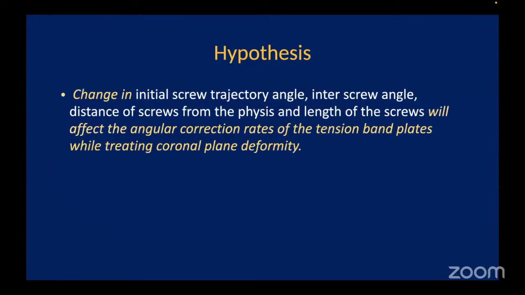The hypothesis for this study was: will change in initial screw trajectory angle, inter-screw angle, distance of the screw from the physis, and the length of the screw affect the angular correction rates of tension band plating while treating a coronal plane deformity of the knee?